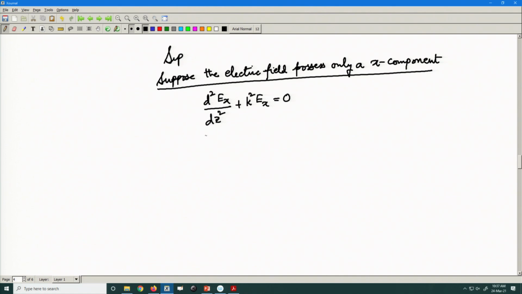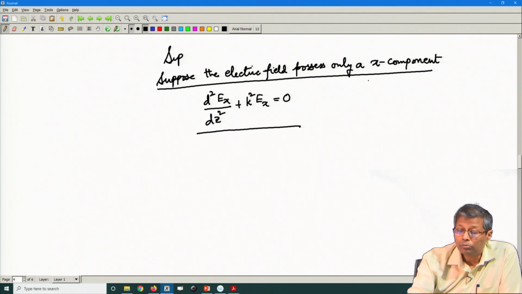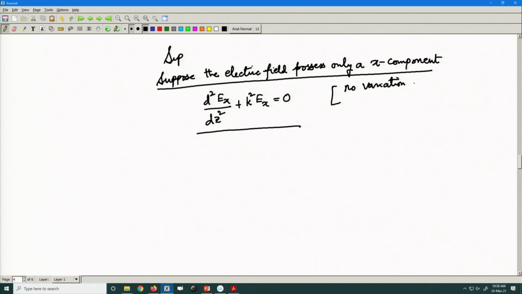As I said, two things need to be noted here: there is no variation of the electric field with respect to x or y.